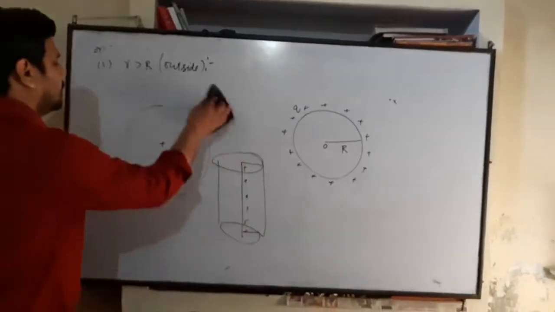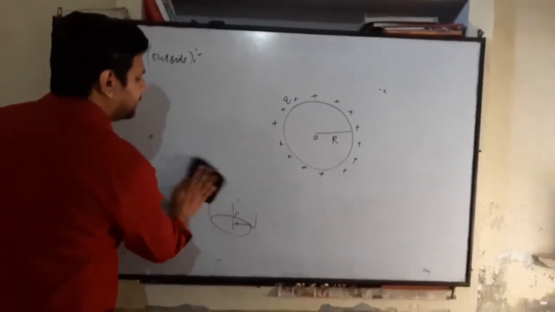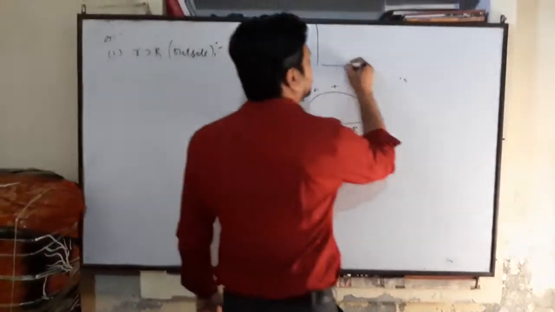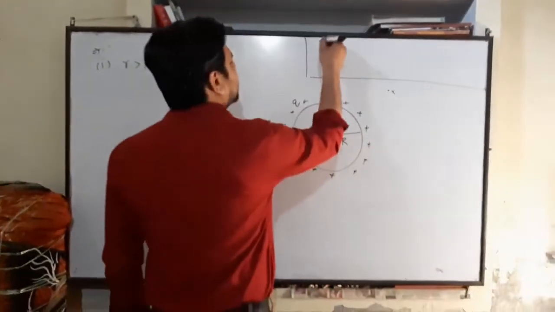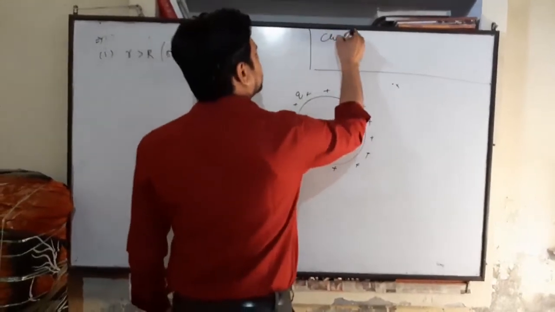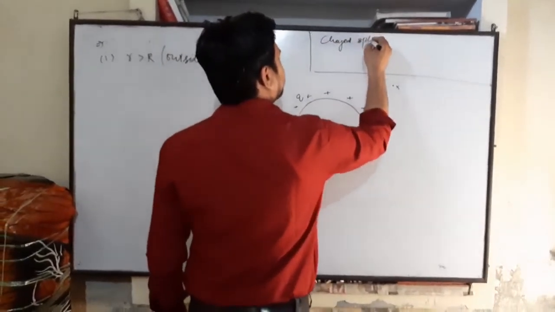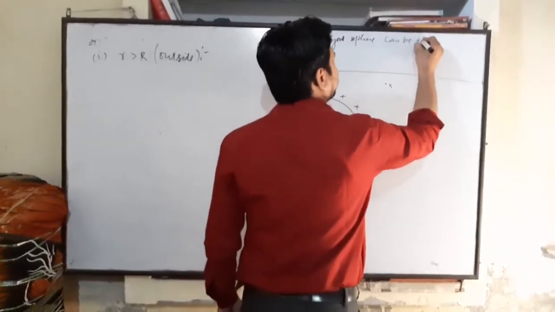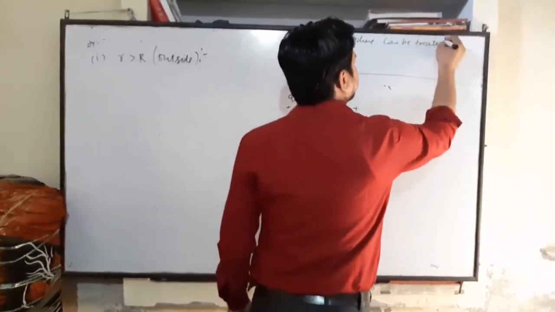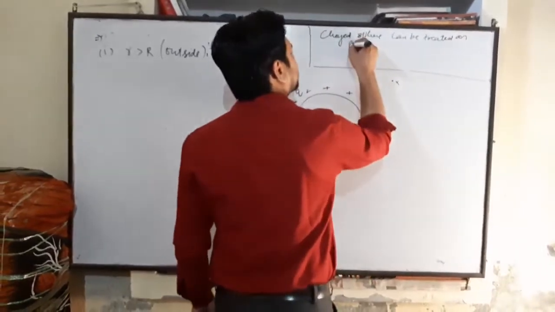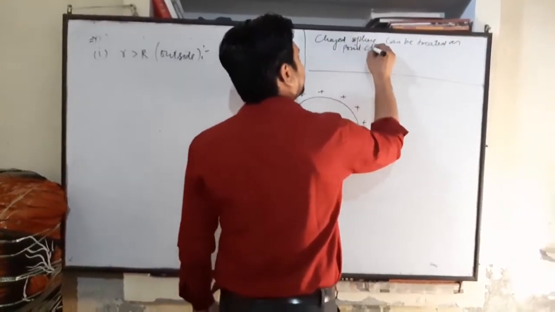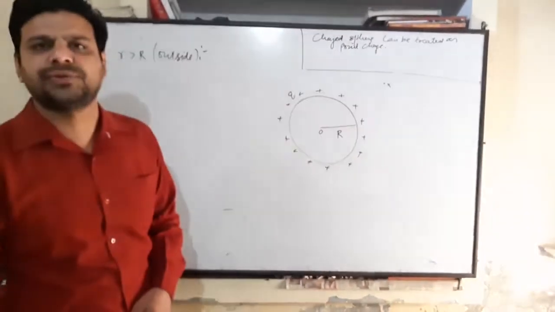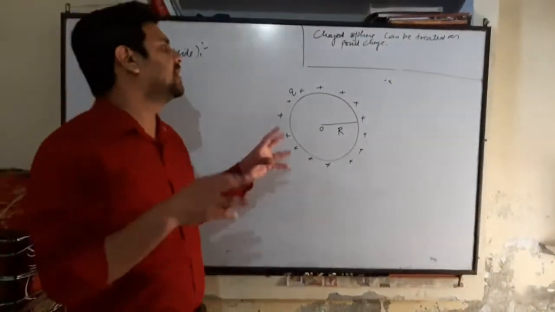Now, we have a spherical shell. So always remember, a spherical shell, a charged sphere, can be treated as a point charge. This is a very important part of electrostatics.